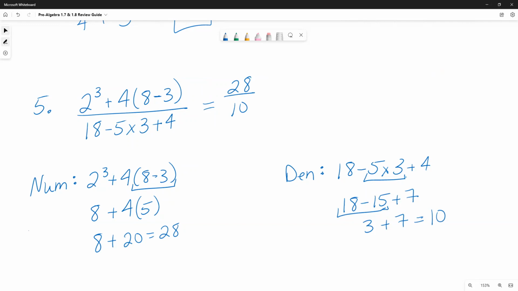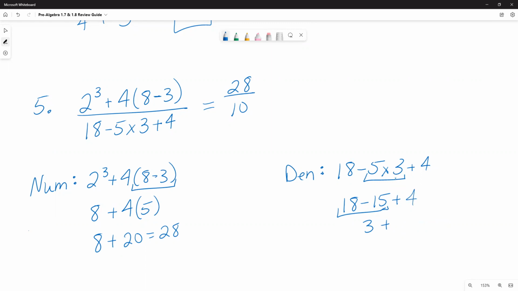I feel like this was bugging me. I don't know where the 7 came from. That's supposed to be a 4.